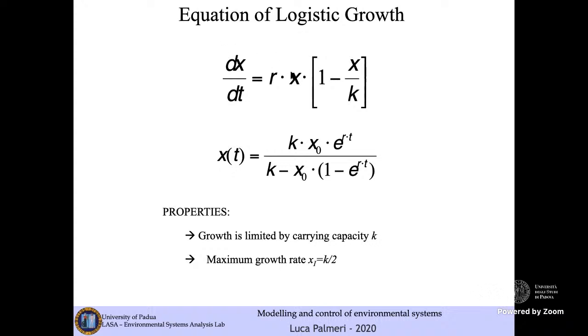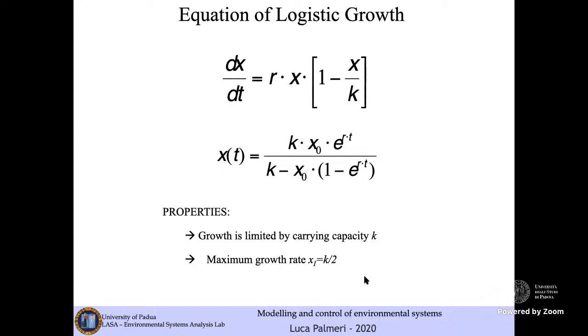So this is really the logistic growth, in which the growth is limited by the carrying capacity K. So K is the asymptotic value of the population or of the dimension X, while the maximum growth rate is found at the semi-saturation capacity.